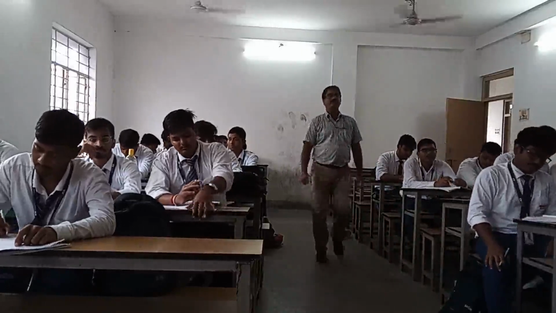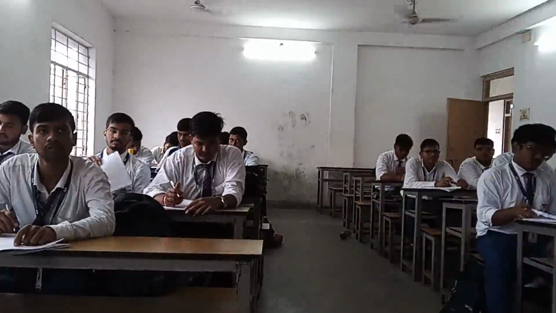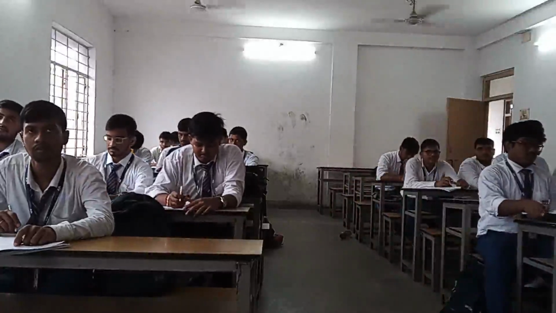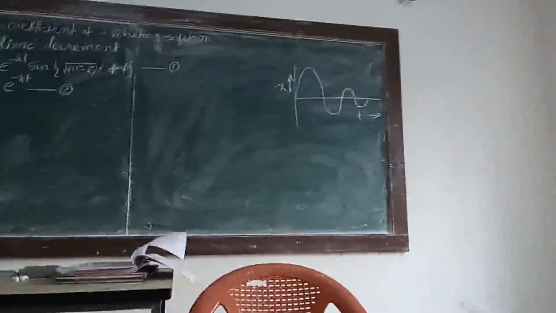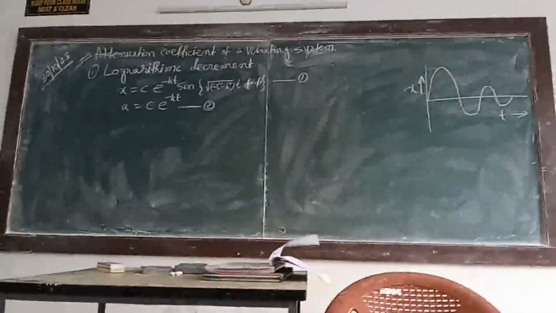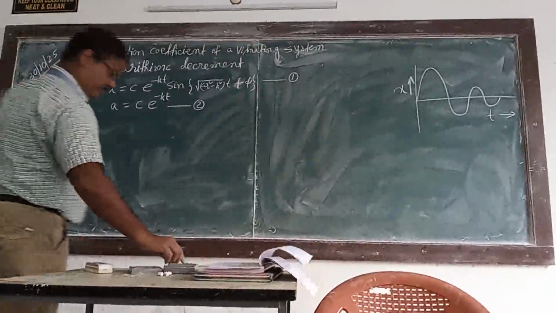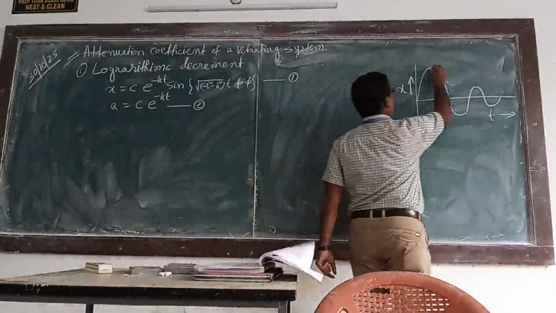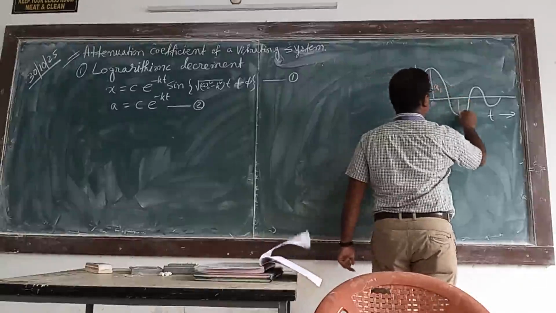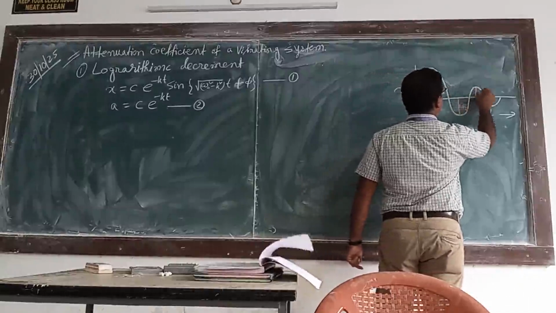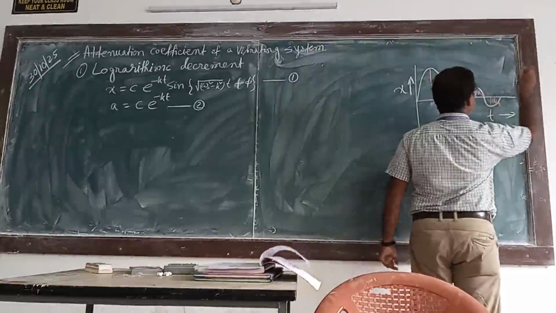Okay. Now, what are the successive amplitudes of vibration? This is the first amplitude A1, this is A2, this is A3, this is A4, like that.